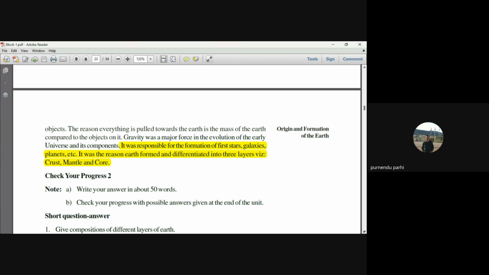Gravity was a major force in the evolution of the early universe and its components. It was responsible for the formation of the first stars, galaxies, planets, etc. It was the reason Earth formed and differentiated into three layers: crust, mantle, and core.